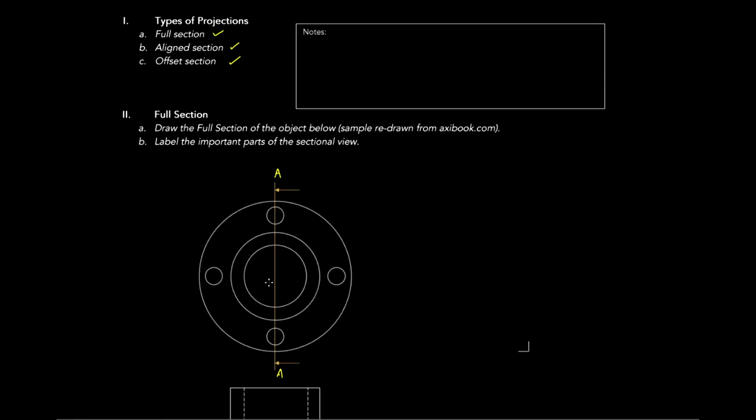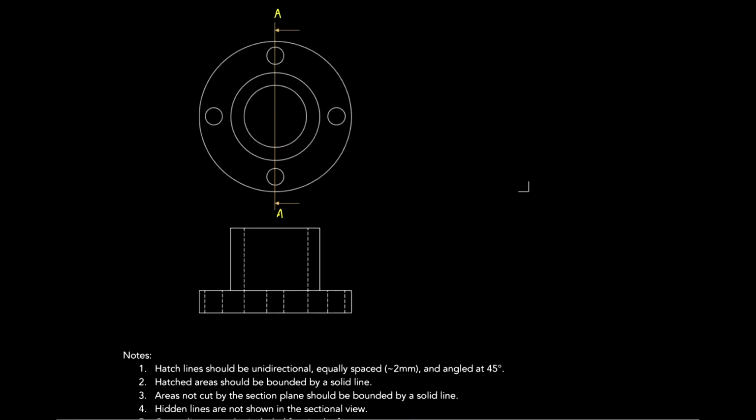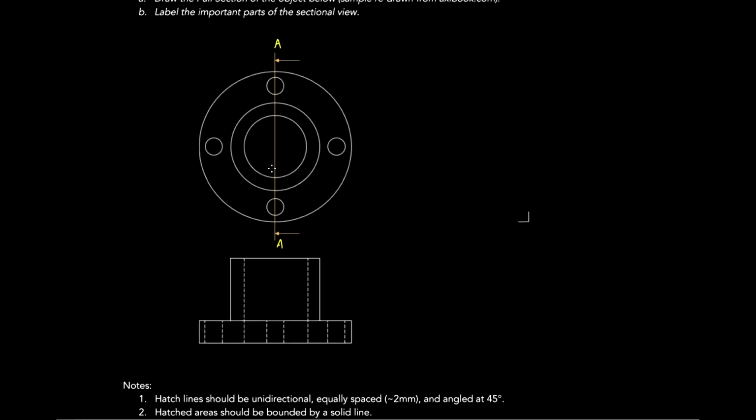We remember that a sectional view's primary goal is to reveal the internal features of your object. This is supposed to replace the hidden lines. Instead of showing a multi-view with a bunch of hidden lines, the sectional view tries to expose these internal features, so we can eliminate the need for hidden lines.